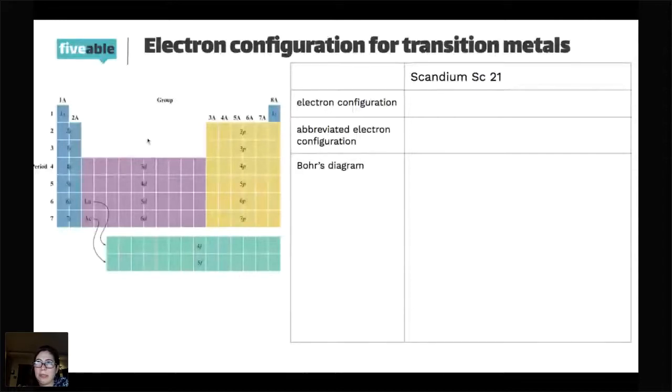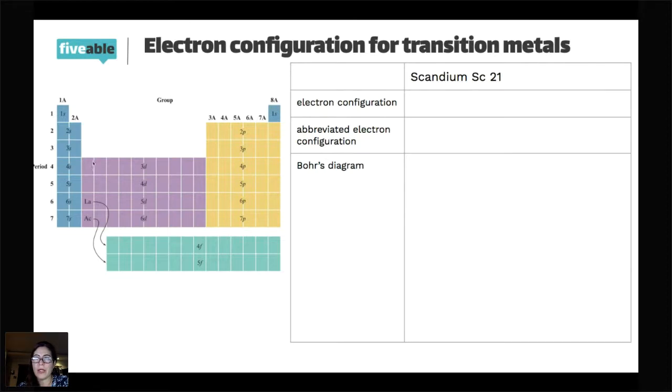And let's remember the location of scandium, which is right here, the first transition element. So what would be the electron configuration for scandium with 21 electrons if we follow along the periodic table? Remember, the location is right here.